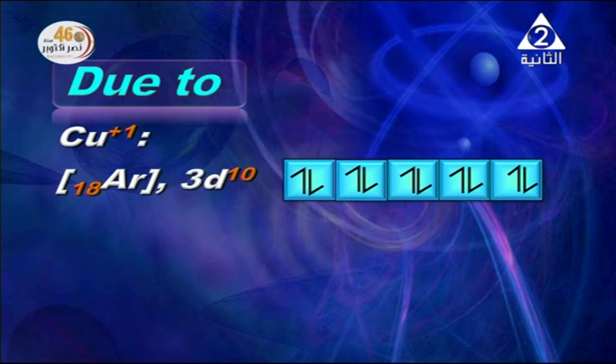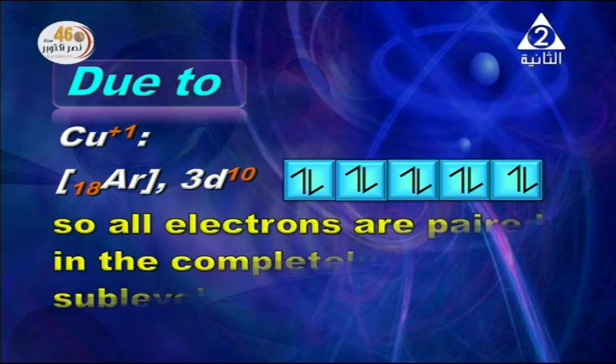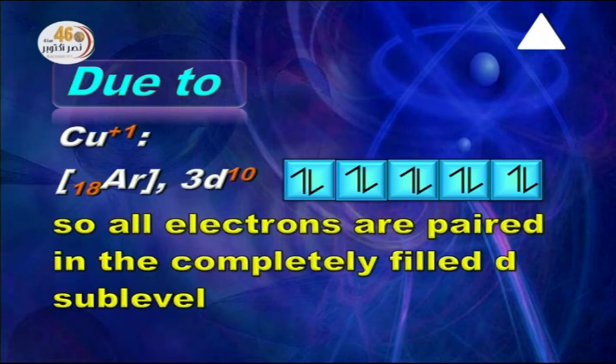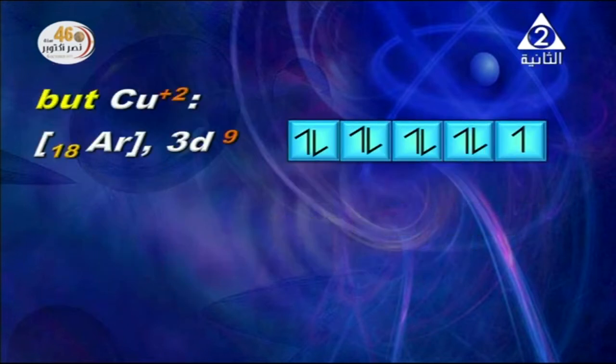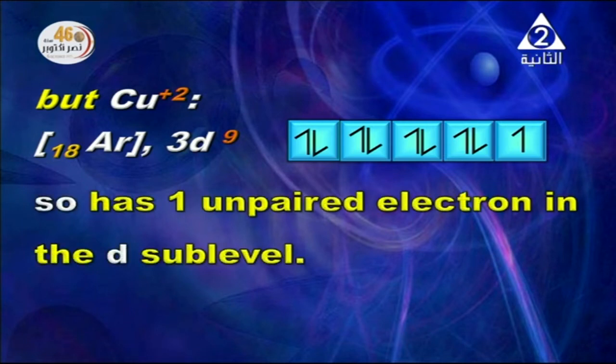So the d sublevel is completely filled, no unpaired electron here, all the electrons are paired, so we can say it is colorless. While copper positive 2, by losing 1 electron from the 3d sublevel, has electronic configuration argon 18 3d9, as shown on the screen, has 1 unpaired electron, so it is colored, and copper positive 1 is not colored.